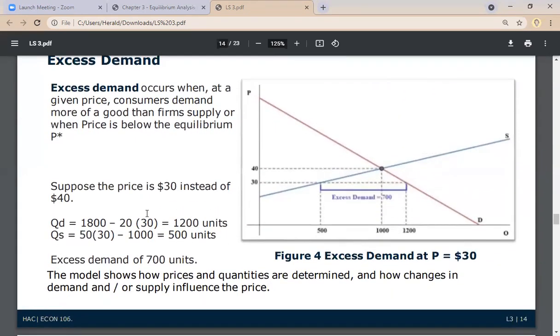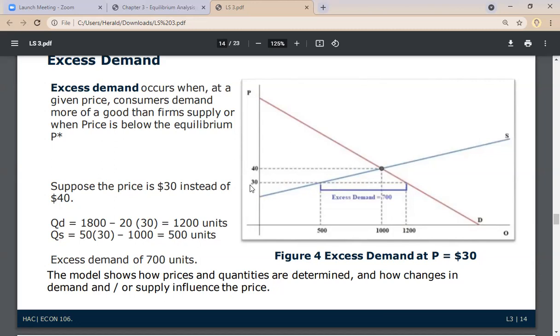Now, what happens if we have an excess demand? If we are still allowing the market not to move back to the equilibrium state when we have an excess demand, we have a shortage. Why a shortage? Because if the equilibrium price is 40, and the selling price would be 30, consumers are encouraged to buy more because the price is low, right?